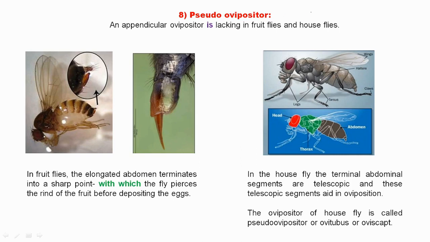Next, pseudo-ovipositor. It is so called because an appendicular ovipositor is absent in fruit flies and houseflies. See here, in fruit flies, the elongated abdomen terminates in a sharp pointed structure with which the fly pierces the rind of the fruit and lays eggs.